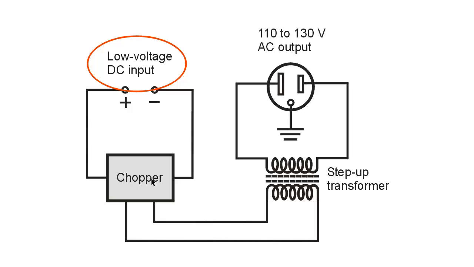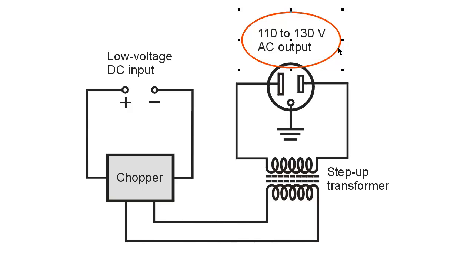These pulses are carefully regulated at a frequency of 60 hertz, or 50 hertz in some parts of the world. Then we have a transformer, and that steps the voltage up to the required voltage that we want. In the United States, that's 110 to 130. In some other parts of the world, 220 to 250 or 260.